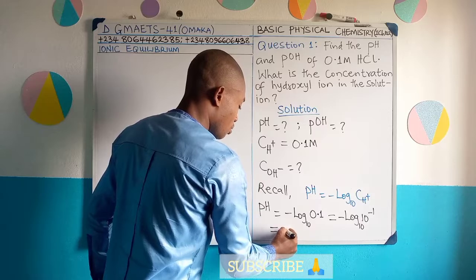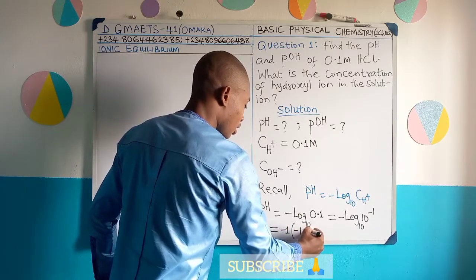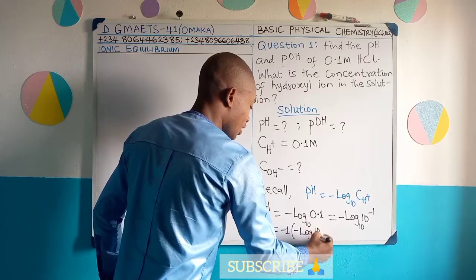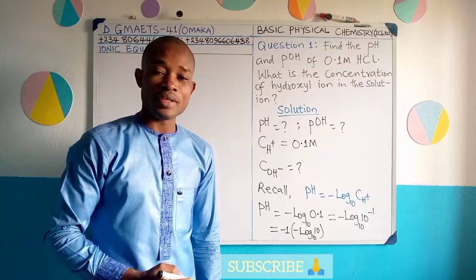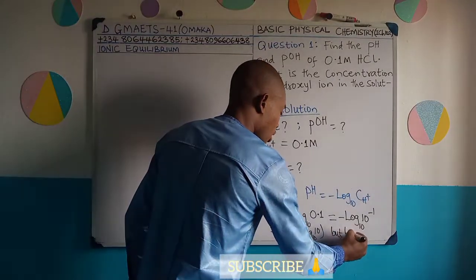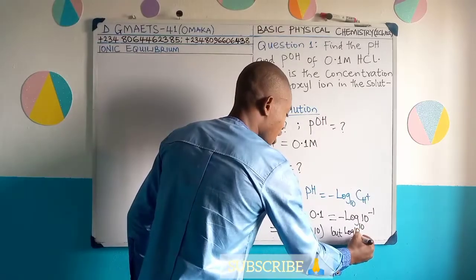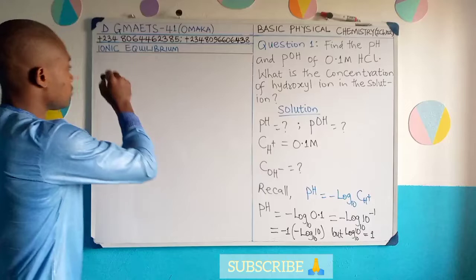So this is going to give you minus 1 times minus log 10 to base 10. And we know that log of any number to the same base is equal to 1. Log 10 to base 10 is equal to 1 from the knowledge of logarithm.